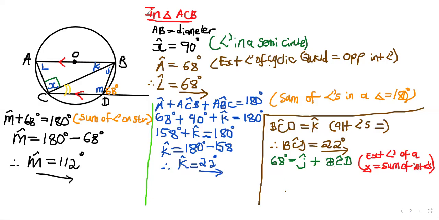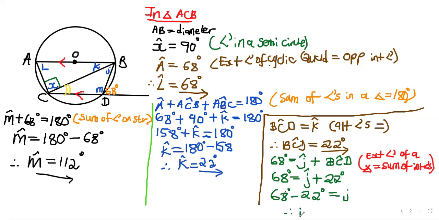And then from there, you can continue to say 68 degrees is equal to angle J that we're looking for plus angle BCD that we got, 22 degrees. Then you're going to say 68 degrees minus 22 degrees, because when I take 22 to that side, it will be negative, is equal to angle J.